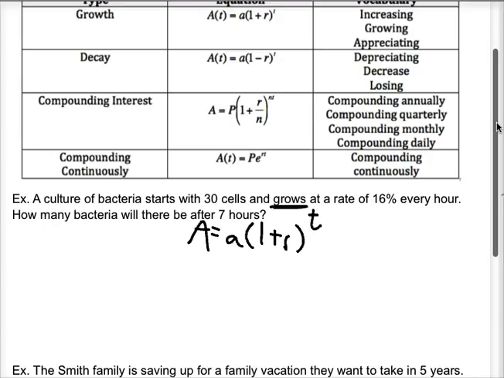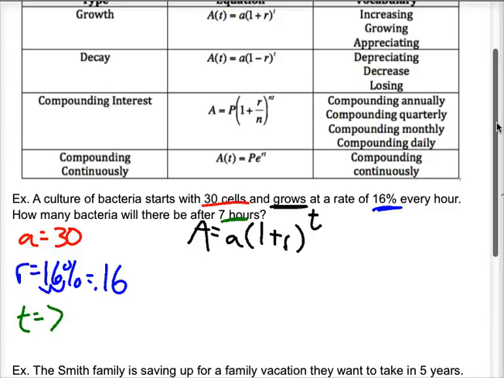So I start picking out the pieces that I need. My A is going to be 30, since I'm starting with 30 cells. A rate of 16%, turn that into a decimal, which is 0.16. And our t is going to be 7 hours.